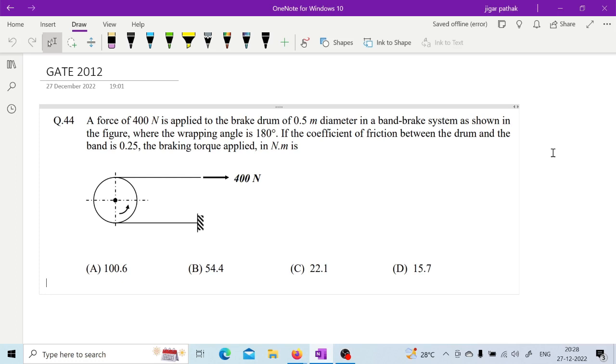Yes, sir. What you need to do is calculate T1 and T2. T1 is provided as 400 Newton, because here you will have this T1, which is equal to this 400 Newton.